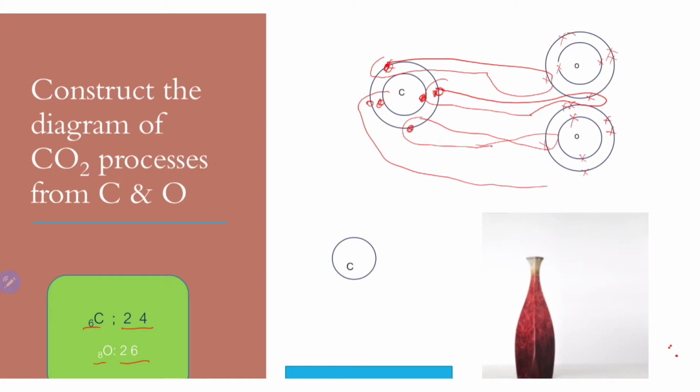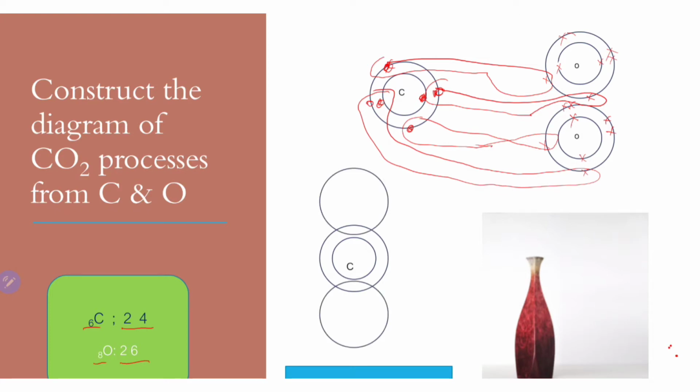So you have one carbon, two oxygen with two shells each, and one carbon atom joins with one oxygen atom with two pairs of electrons.